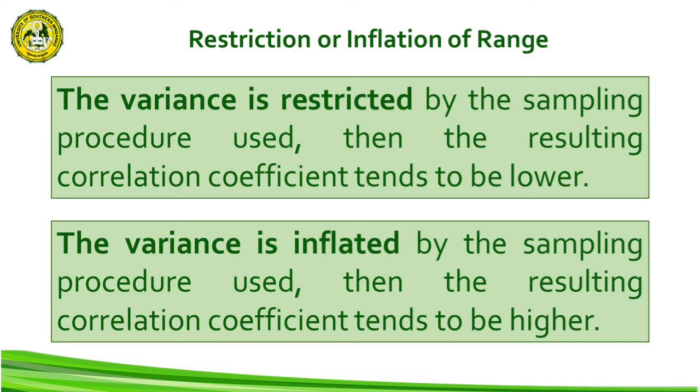If the variance of either variable in a correlational analysis is restricted by the sampling procedure used, then the resulting correlation coefficient tends to be lower. So, lower sample size means lower correlation coefficient. So, if the variance of either variable in a correlational analysis is inflated naman by the sampling procedure, then the resulting correlation coefficient tends to be higher.